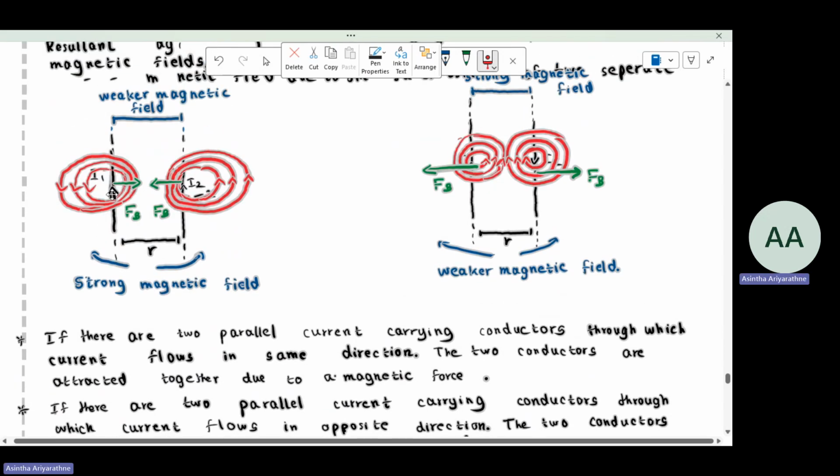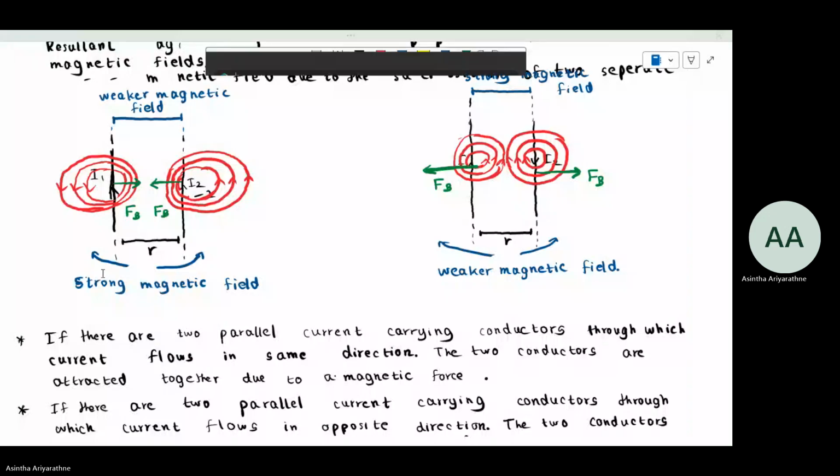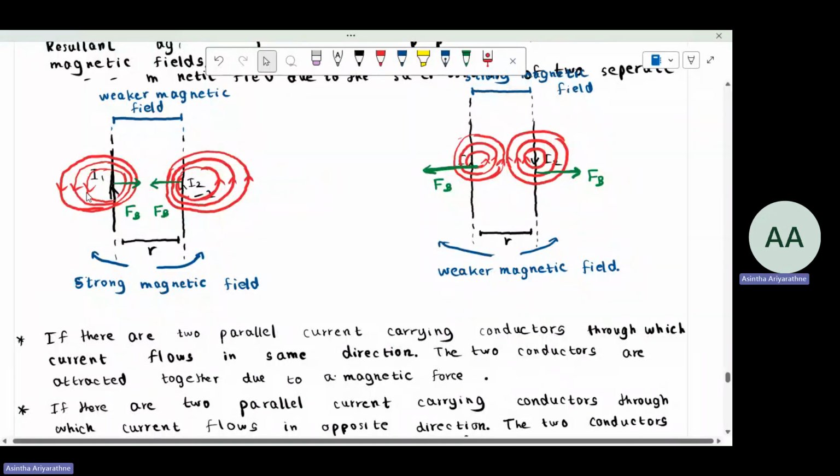Right, so here we conclude the direction of this magnetic force by considering the resultant magnetic field. But without doing that, we can find the direction of the magnetic force using the left-hand rule as well.